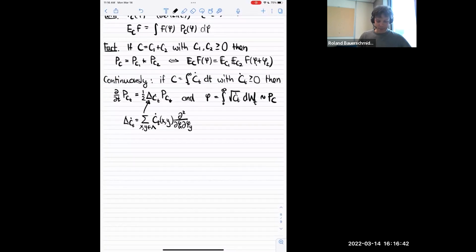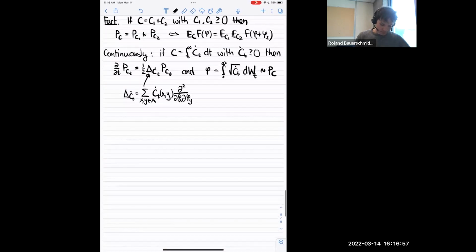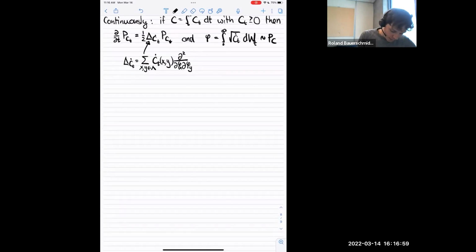If we can write its covariance, which is the Green's function, as a sum of covariances or as an integral. And it turns out there's different ways to do this, and there's not one best way to do this. So the question is how to decompose the free field.